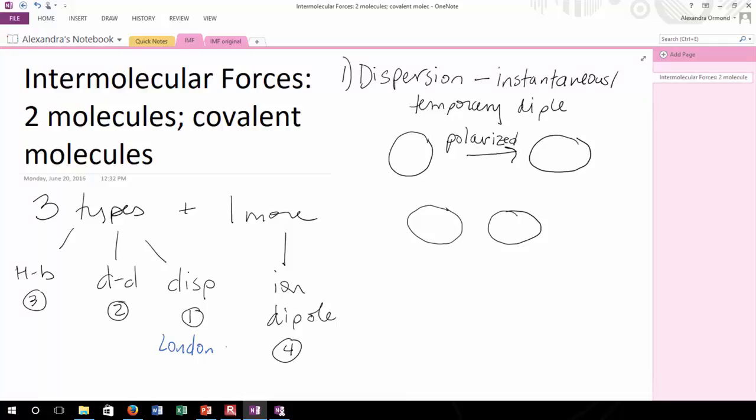Dispersion forces are found in all molecules because all molecules have electrons, and electrons can actually fluctuate. They can be unevenly distributed in an atom or a molecule.